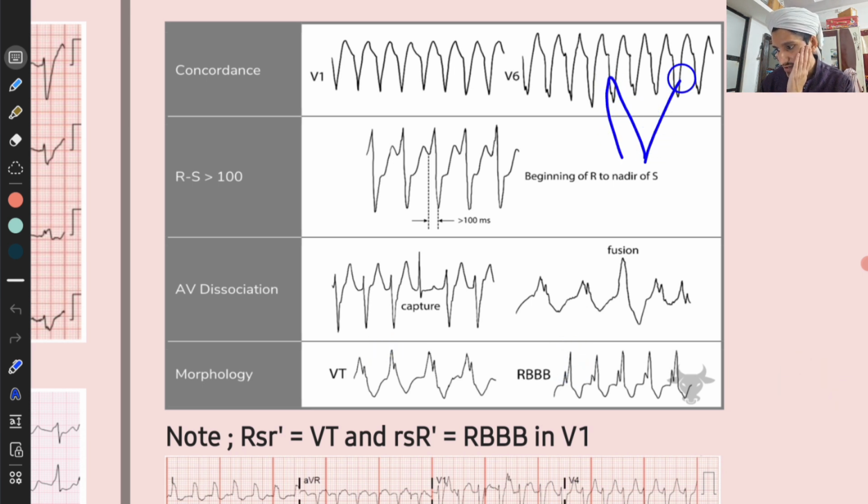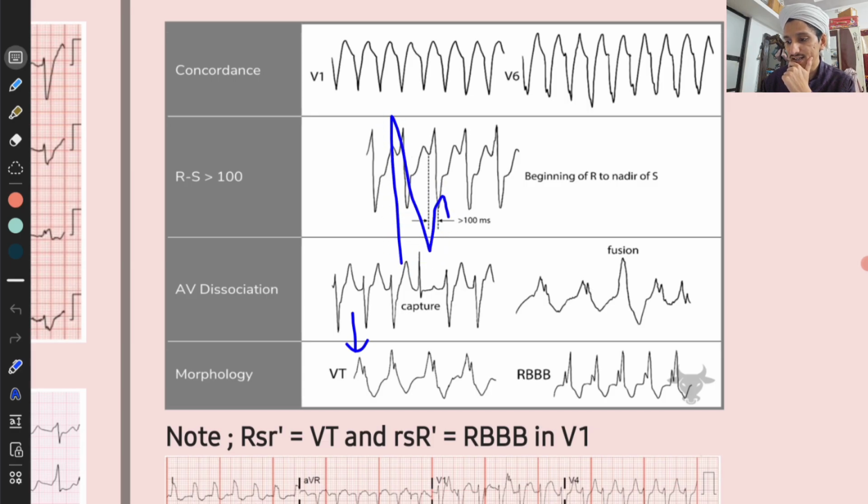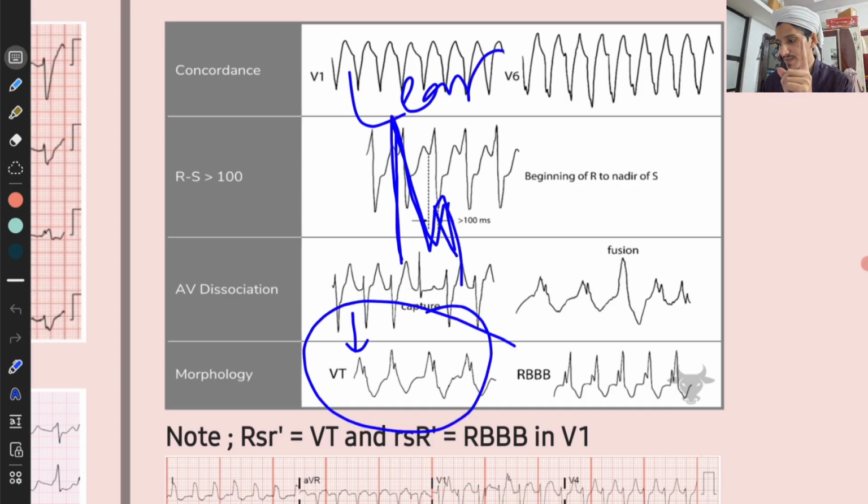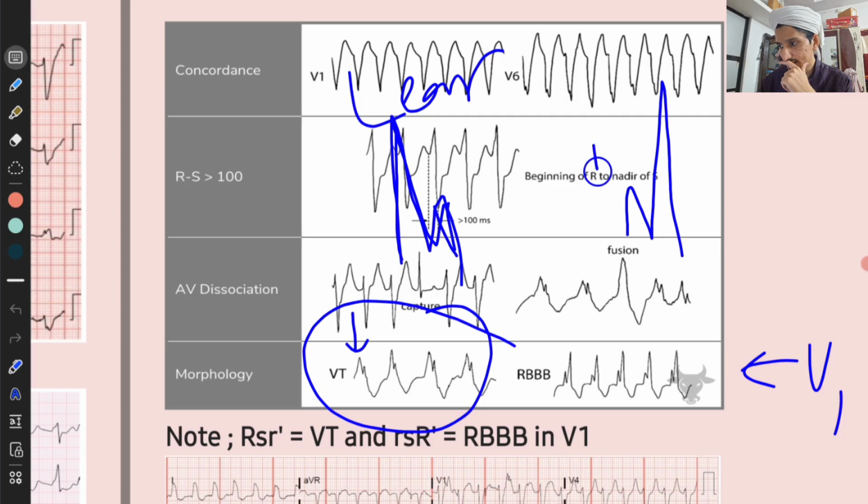If this is the face of the rabbit, this is the left ear and this is the right ear. In the M pattern, if the left ear is taller than the right ear, then it is ventricular tachycardia in V1. And if the left ear is shorter than the right ear, then it is right bundle branch block, not ventricular tachycardia.